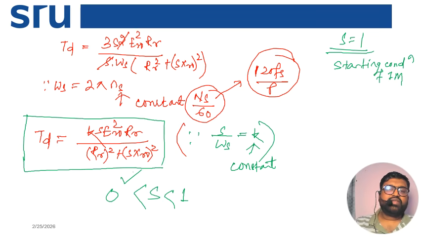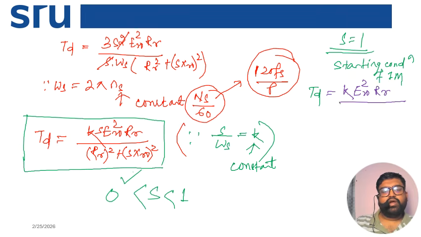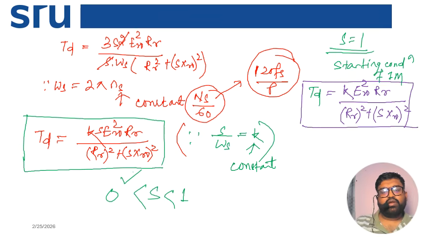Then during this condition torque developed is equal to K into 1 into ER0 square into RR divided by RR whole square plus S into XR0 whole square. This is the one formula we developed.